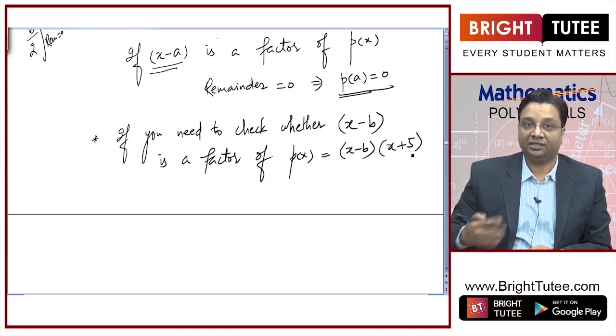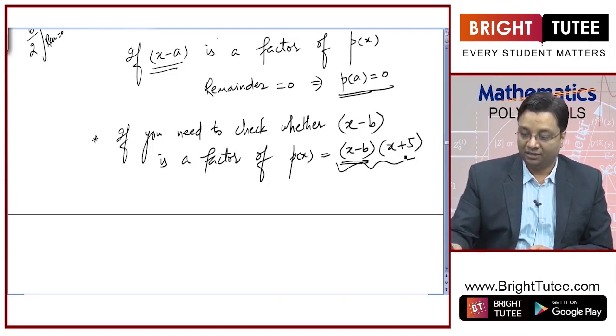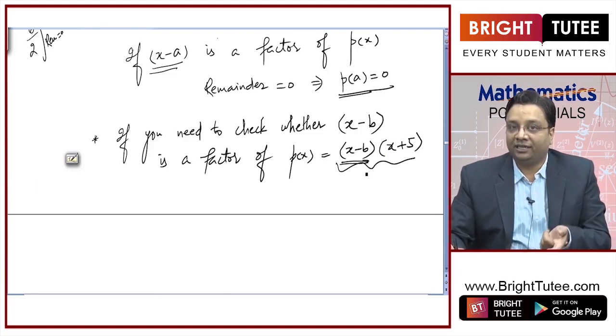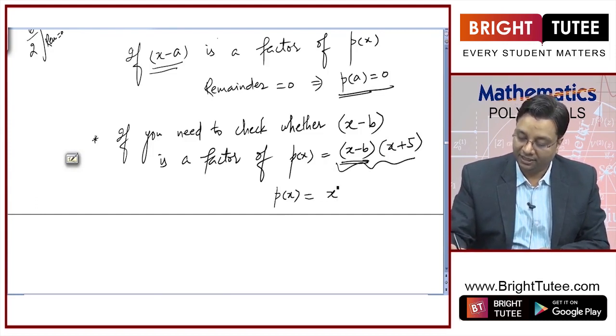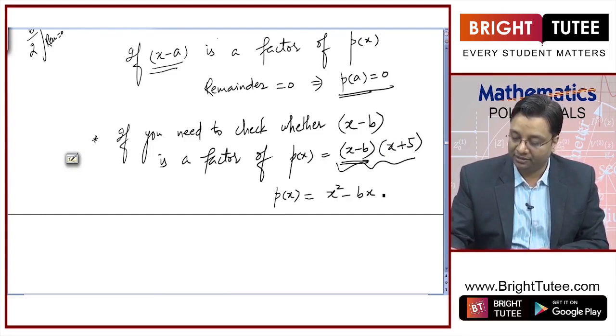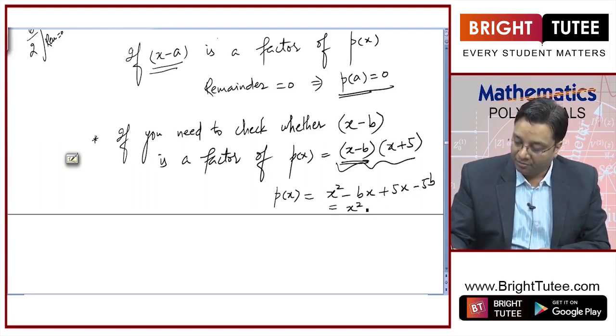You would say, such a simple question. We can directly see that it is a factor of this polynomial P of x, right? But in cases where you cannot directly see, for example, if I give this polynomial P of x as x square minus bx plus 5x minus 5b, that is x square plus 5 minus b x minus 5b.